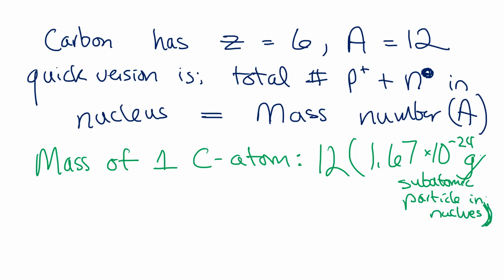So 1.67 times 10 to the minus 24 grams per subatomic particle in the nucleus, because we're going to say that the mass of a proton and the mass of a neutron are roughly the same. And if we equate those, we can then do this calculation.